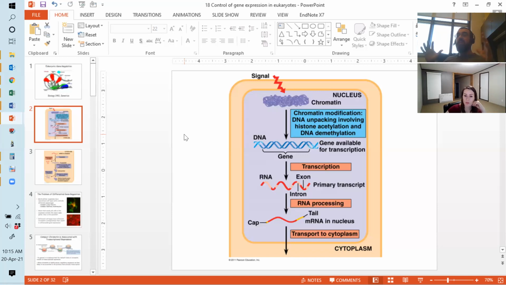You can control entire programs of gene expression. We're talking about multiple genes that are involved in, let's say, eye development, right? Because once you've got your eyes, that's it. You're not getting any more. You just get two of them. But there are a whole series of genes involved in choreographing eye development.